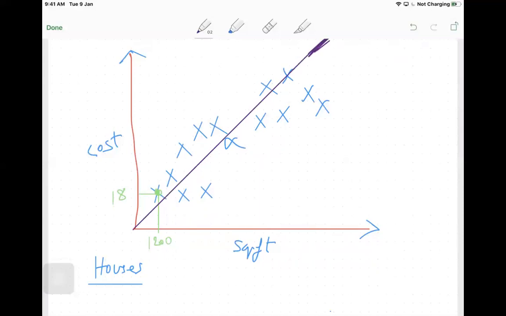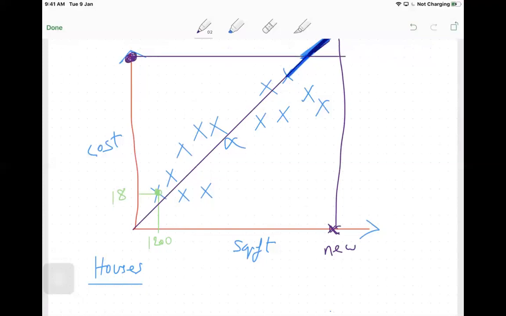For any new value that I get later on, for this particular square feet, I want to predict the approximate cost. So this is my new value, I draw a perpendicular line here, and I say this is the cost, let's say around 1.2 crores.